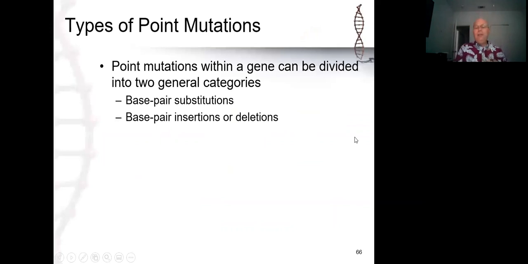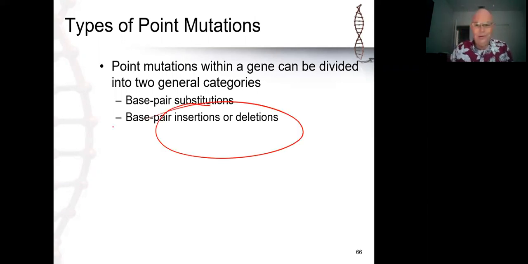So when we start thinking in terms of point mutations, the two most common types of point mutations are substitution mutations, which you've already seen. That's the sickle cell mutation. The other one is referred to as an insertion or deletion mutation. Of the two types of mutations, these are the most significant.